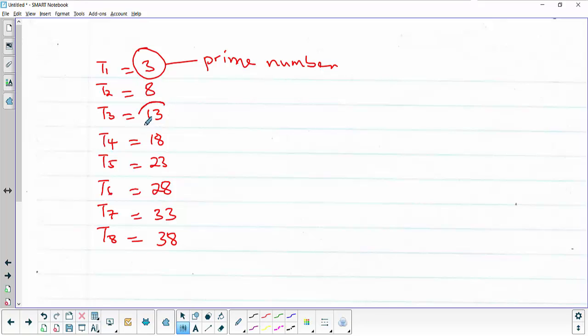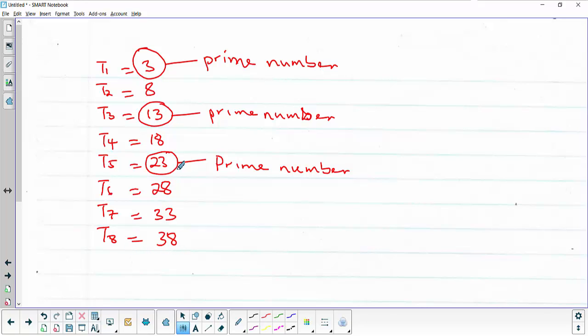So 13 is also a prime number. 18 cannot be. 23 is also a prime number. 28 cannot be a prime number. 33 cannot be a prime number, and 38 can never be a prime number.